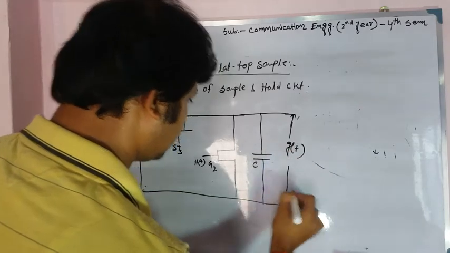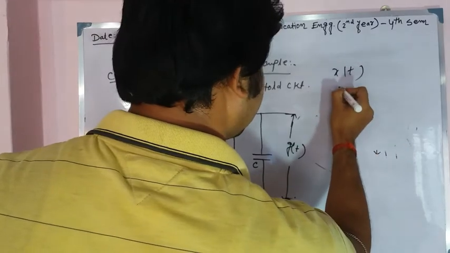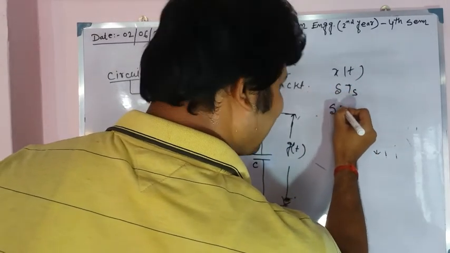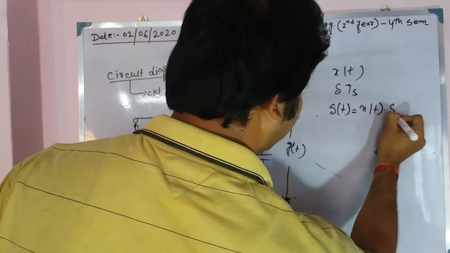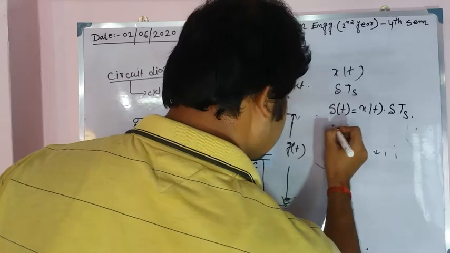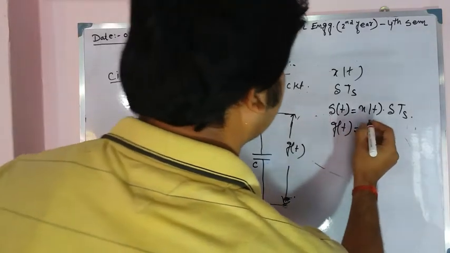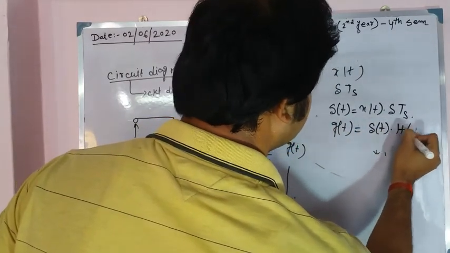First we consider x(t) and next we consider δTs. Next we generate s(t), which is the multiplication of x(t) and δTs. Next we generate g(t), which is the multiplication of s(t) and h(t).